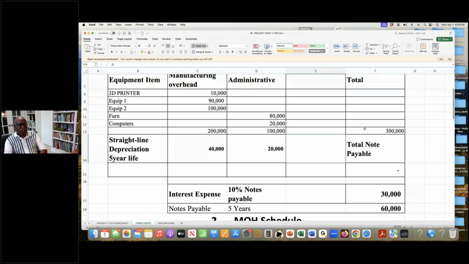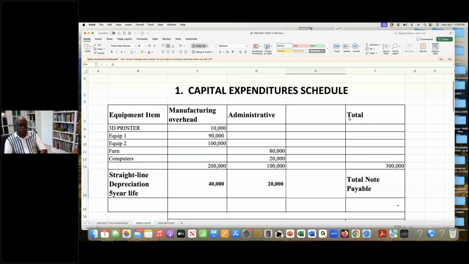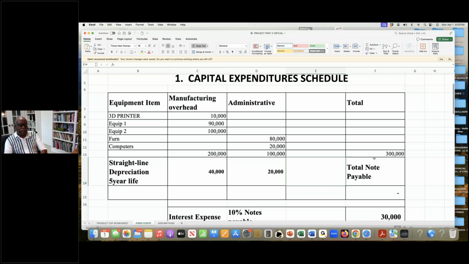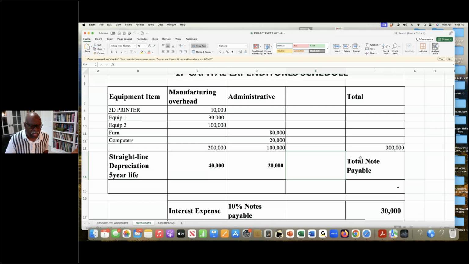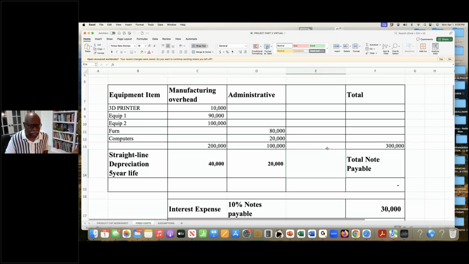So for your business, you got to go through and lay this out, remembering that eventually you're going to be dealing with some large numbers in terms of the amount that you got to make a certain profit.